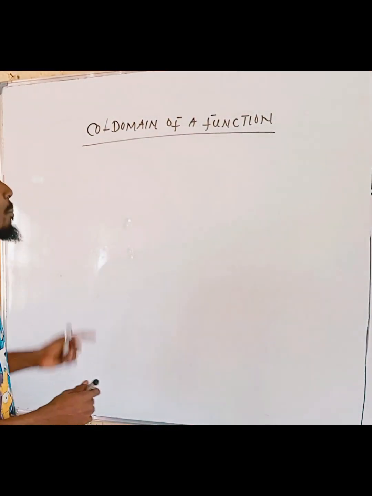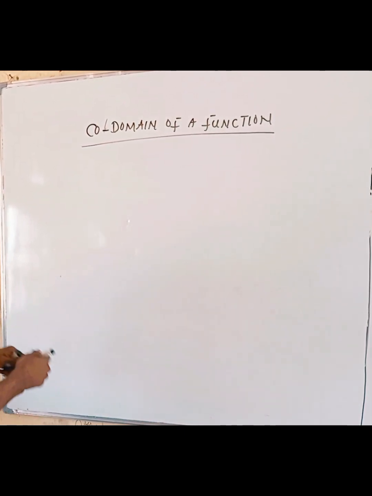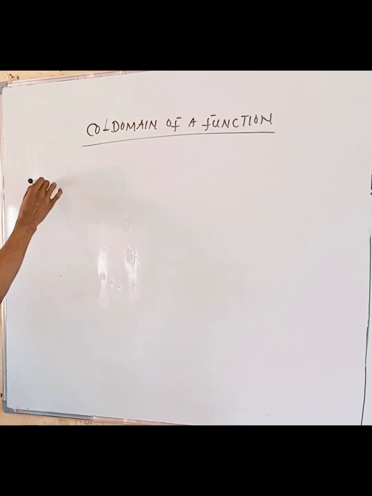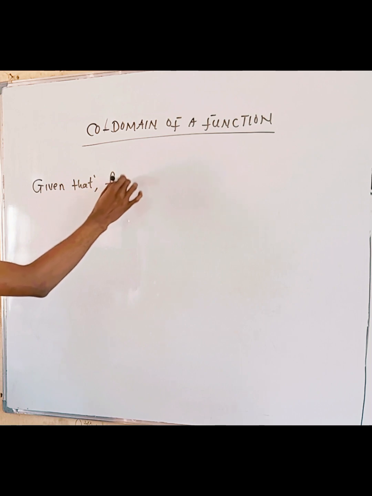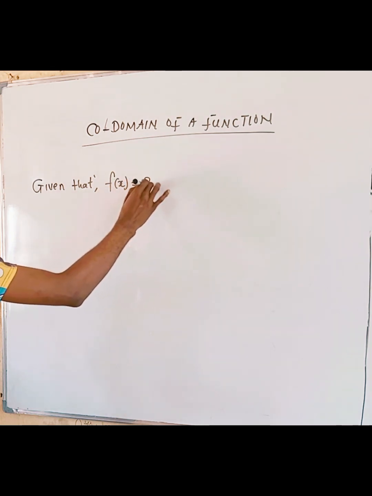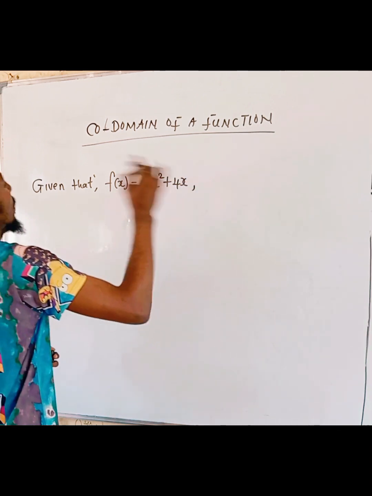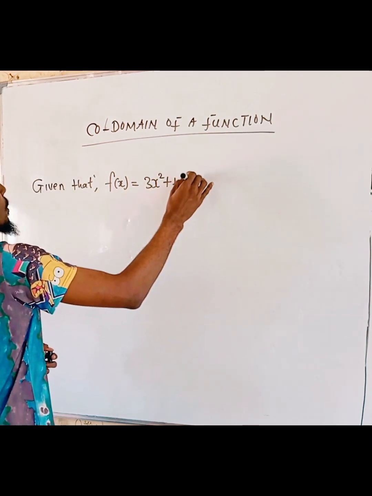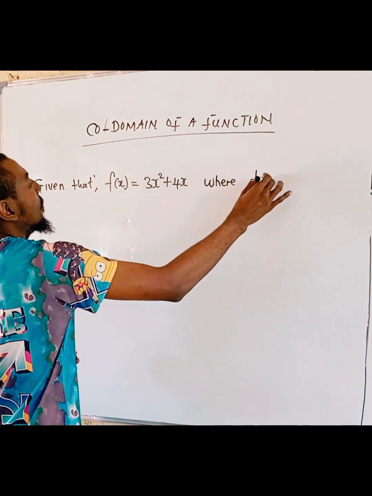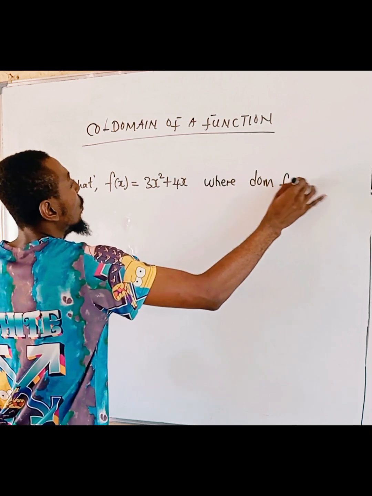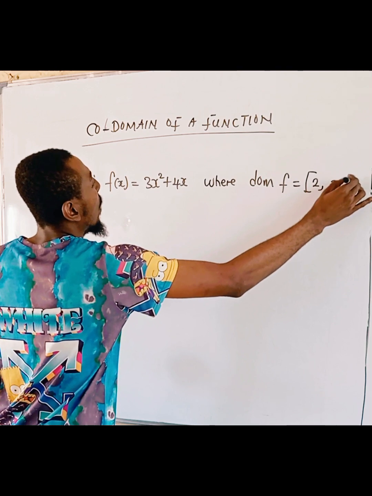So let's use one example to explain. Let's say, given that f of x is equal to 3x squared plus 4x, where the domain of the function is 2, 3, 1.